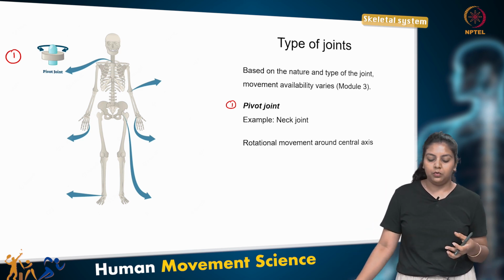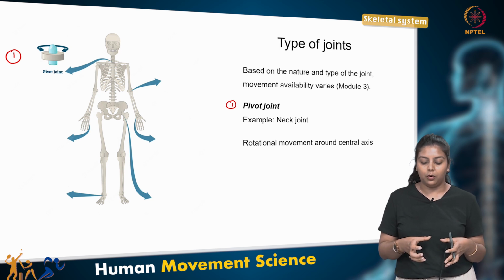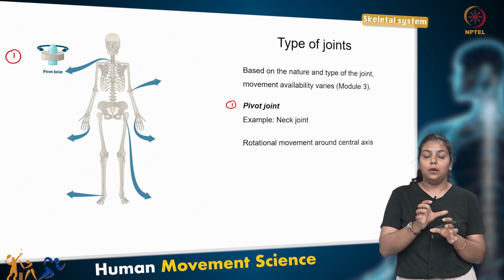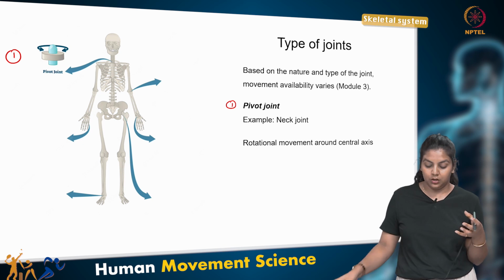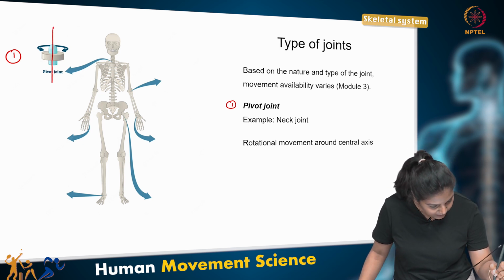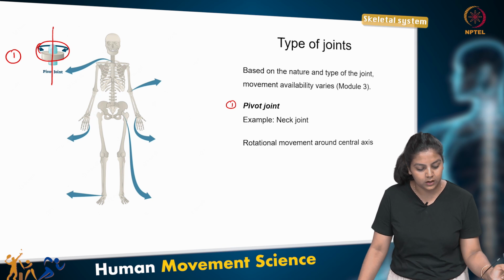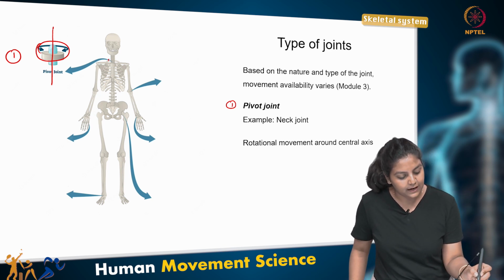So what do you mean by the word pivot? So this joint got its name for categorization from something that pivots, so which has a rotational movement around a central axis. So around that axis you are having this rotational movement. So example of that is a neck joint.